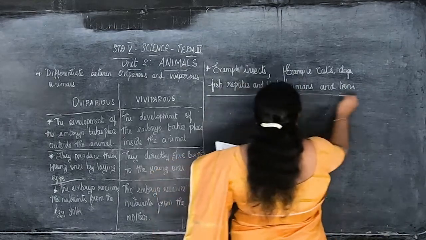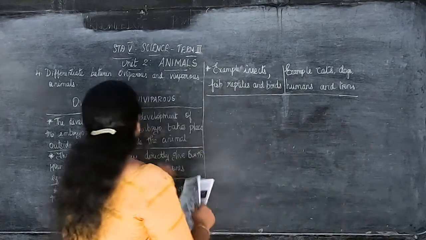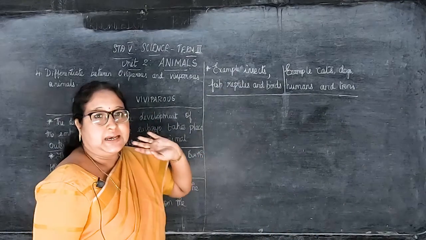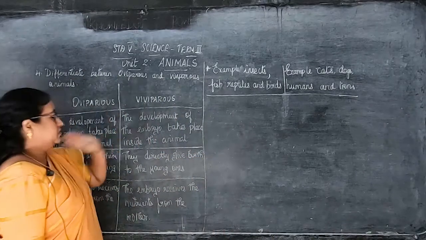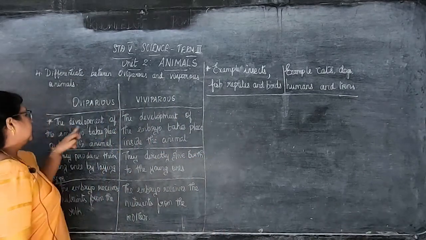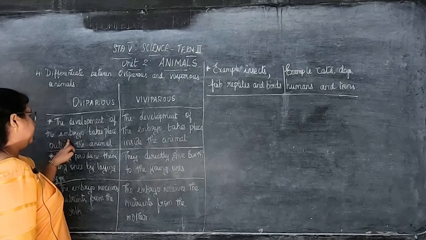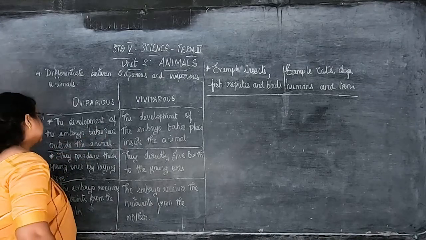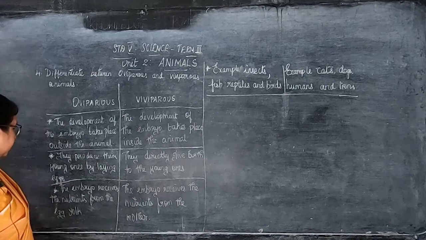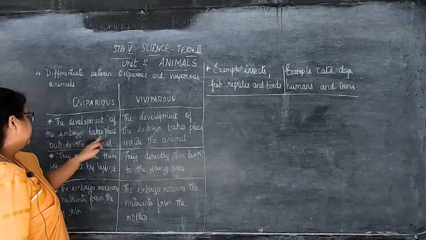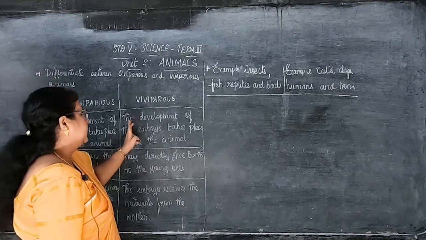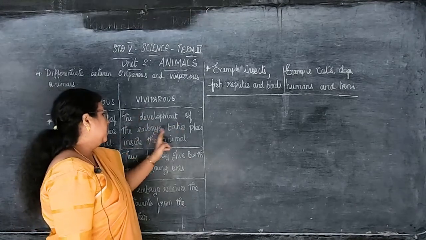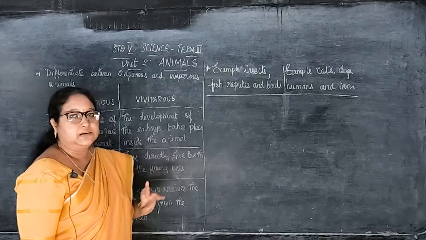So this is your answer for differentiate between oviparous and viviparous animals. First point, the development of the embryo takes place outside the animal. Here, viviparous, the development of the embryo takes place inside the animal.